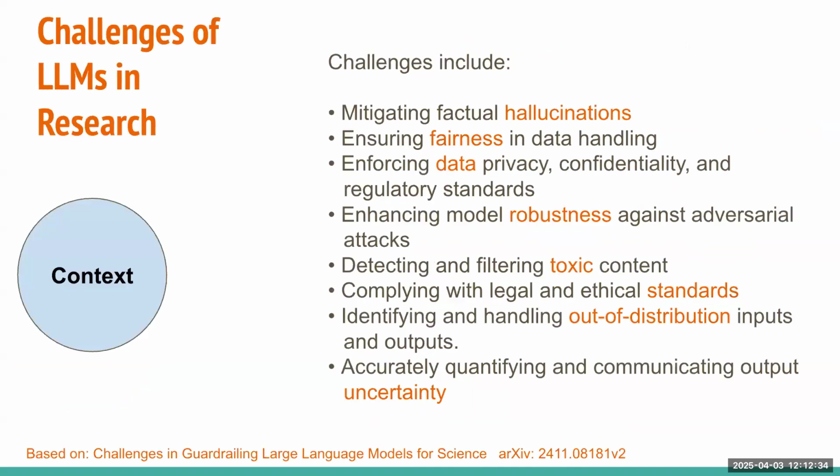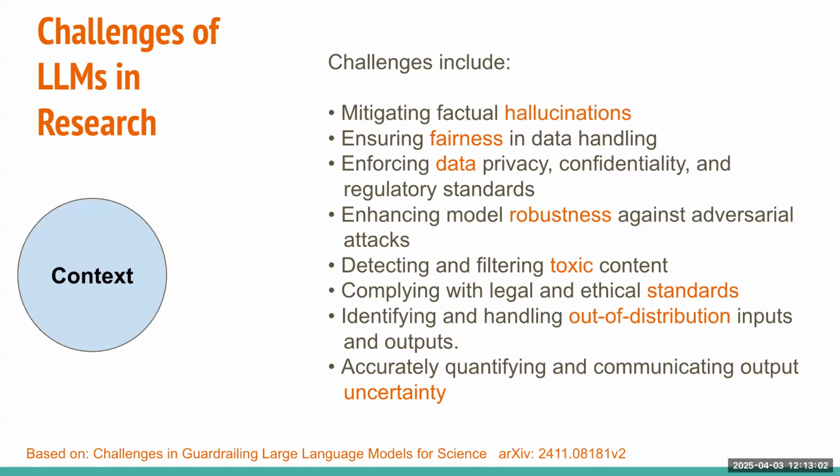And then the context and some of the challenges of using LLMs in your research. How are you going to mitigate for hallucinations? The hallucinations don't happen nearly as much as they did 2 years ago. They still do happen, especially when you're at boundary areas where the LLM has less knowledge, which a lot of your science probably is more in those areas.